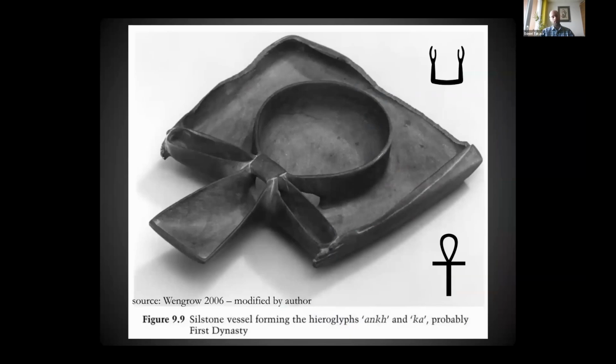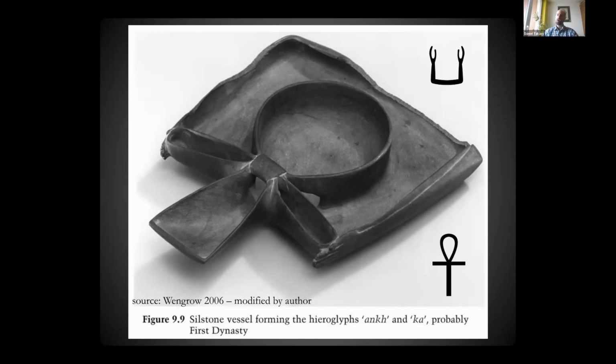And one last example for this would be this beautiful object from the first dynasty, so just a little bit later than the unification of ancient Egypt went down. You can see in the middle an Ankh sign, and I put a simplified representation on the right, which is a little bit more recognizable, surrounded by the so-called Ka arms. They have a lot of symbolic content to represent.